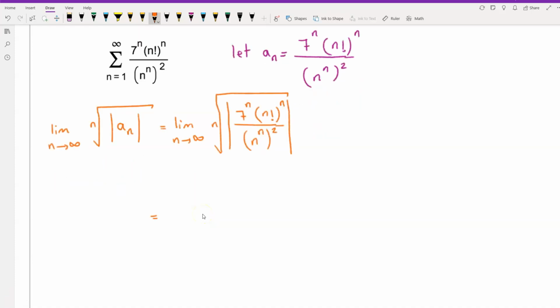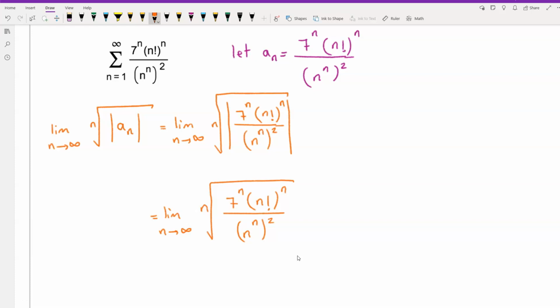And this is equal to the limit of the nth root of the absolute value of 7 to the n power times n factorial to the n power. In the denominator we have n to the n power squared. So simplify, the limit of the nth root of 7 to the n power times n factorial to the n power, denominator n to the n power squared.